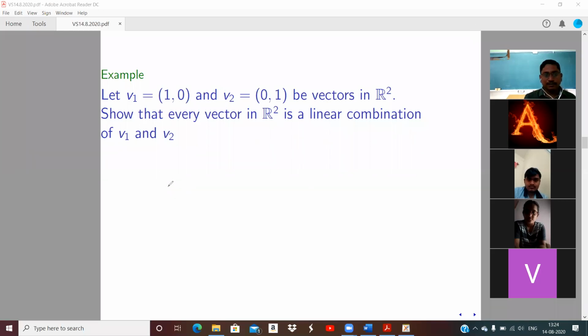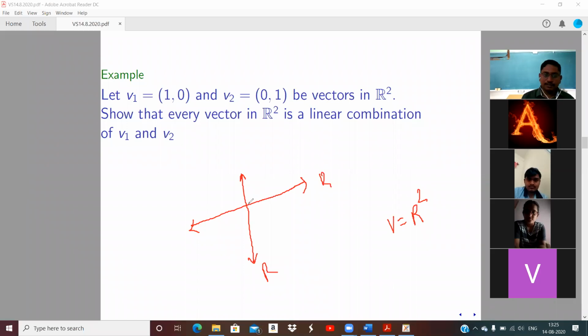This is the easiest example. Okay, this is x equal to the real line and y is also the real line, and this is your R2, the plane R2.